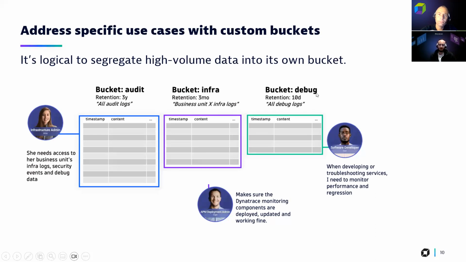The first takeaway is that you can set the retention time period, which you will also see in the next slide, based on your needs and requirements. This way, you can archive your logs for a much longer or shorter time period, if you have high volume data, for example. On the security side, for example, this admin would only like to access the logs, events, and audit logs in these buckets in Grail, and the developers also need to access the debug logs.